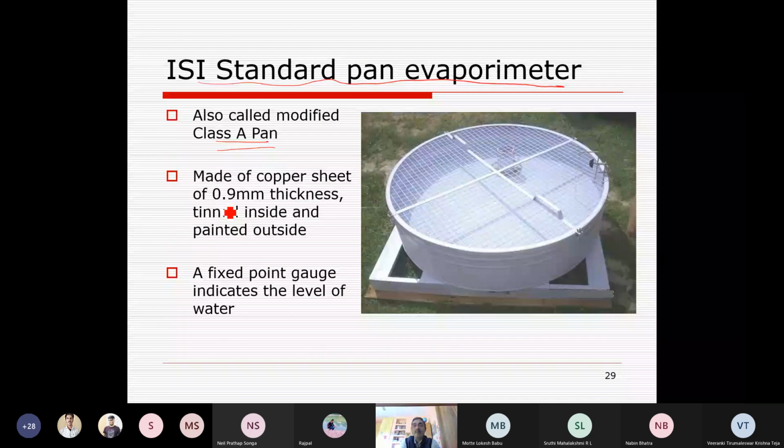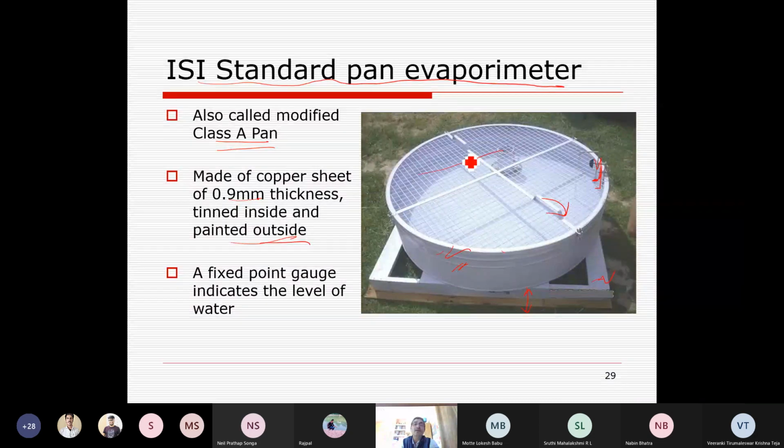Measurement is taken at the same time every day. It is also placed 15 centimeter above the soil surface on a wooden platform so that disturbances are avoided. This is the standard mesh which is used to cover so that animal or bird are not affecting the level or amount of water in this pan. And that pan is basically used to measure the ET, which is connected later on to evapotranspiration.